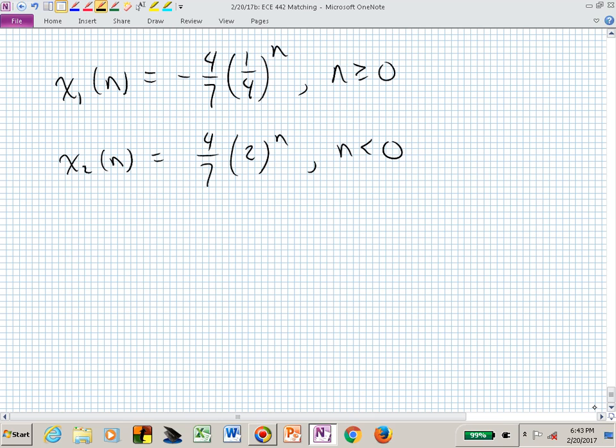Now, suppose somebody wanted to write that as one equation without the curly brackets and dividing it into 2. What I want you to be able to see is that we could also write this as minus 4/7, 1/4 to the n times u of n. This gets back to an earlier question. U of n now is a switch, and it's only turning that expression on for what values of n?